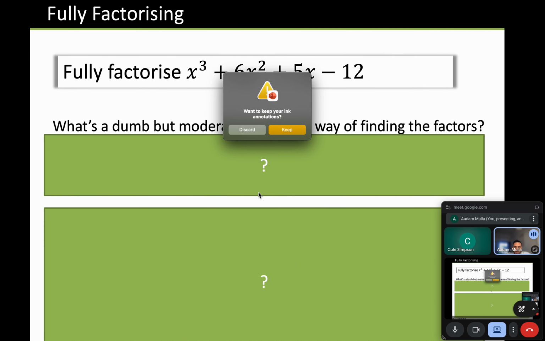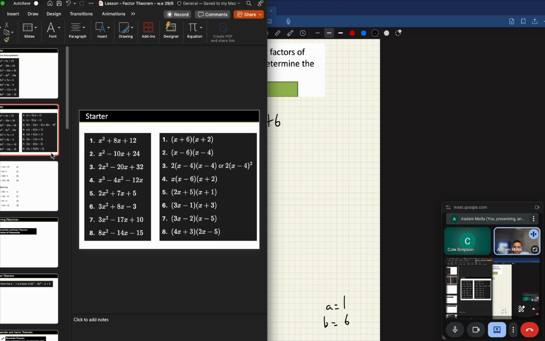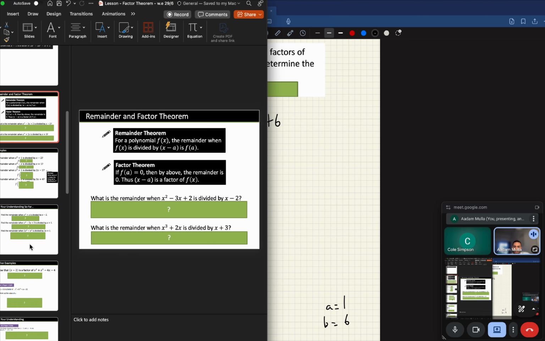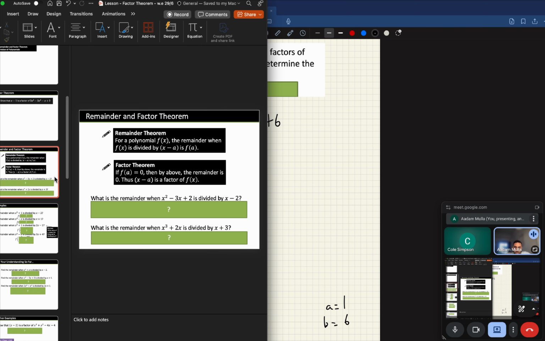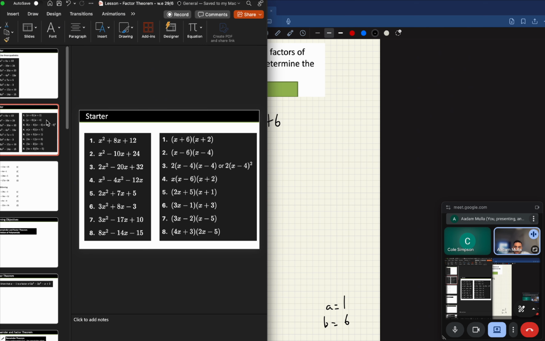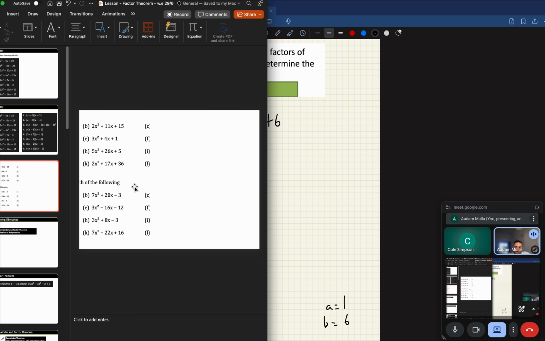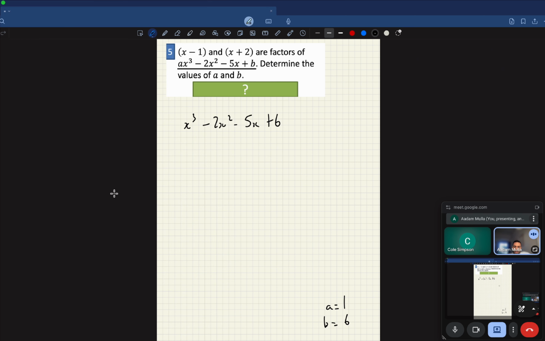Alright, we'll stop there, but I think that's a nice little start. We did a little bit on factorizing quadratics and a little bit on factor theorem. I'll put this PowerPoint and I'll give you some extra questions on these because I think you should practice them. I think just for yourself, it might be useful just for you to go over factors, multiples, and your negatives, and solving equations.